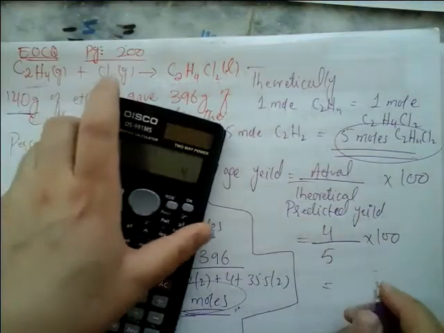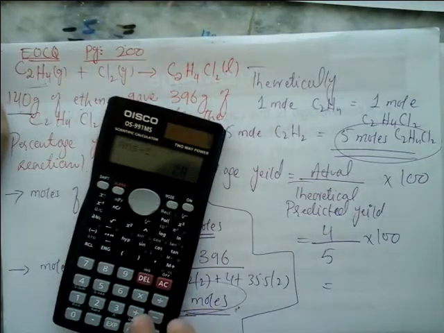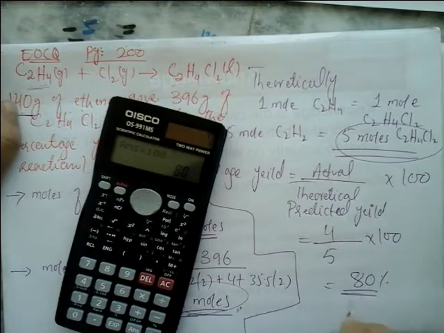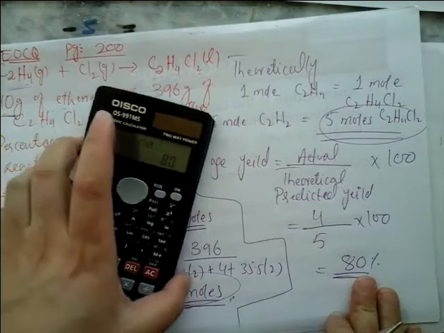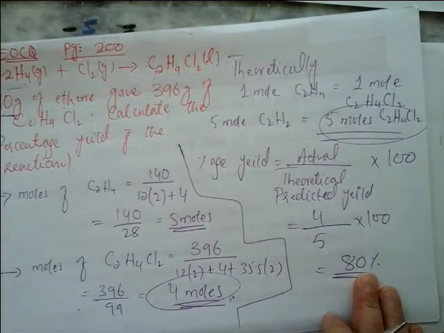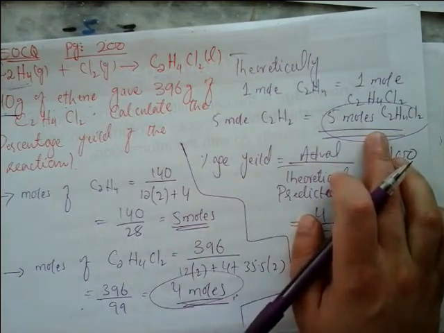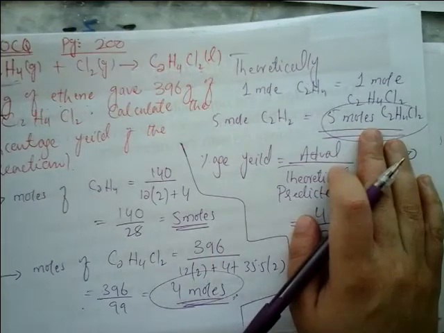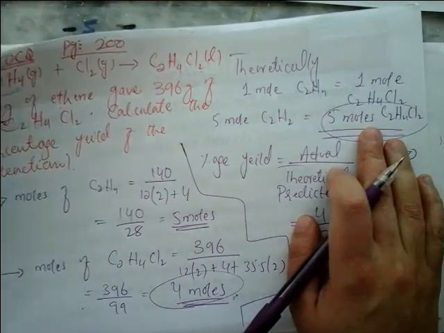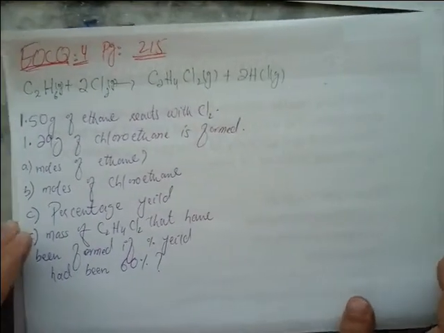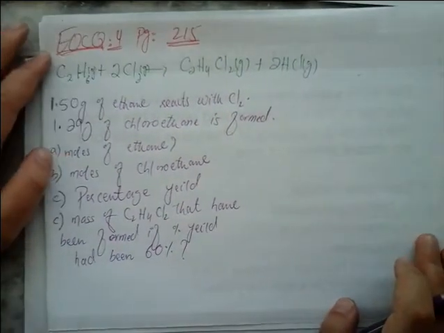So the yield is almost 80%. Is that clear? So the yield is 80%, it is not 100%. But if 5 moles of chloroethane is produced, we will have 100% yield.